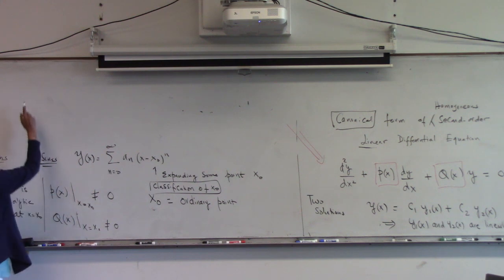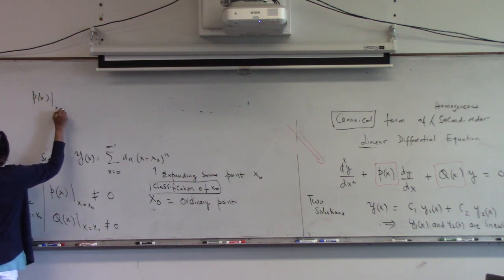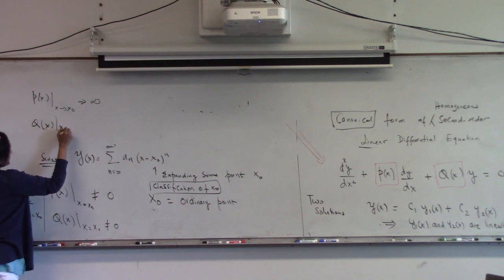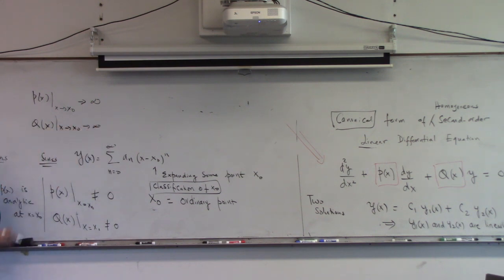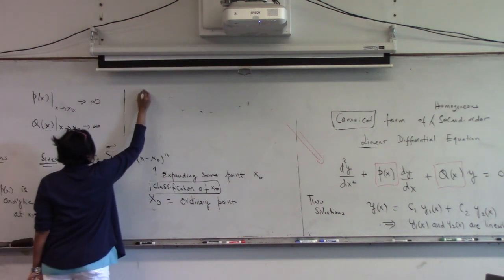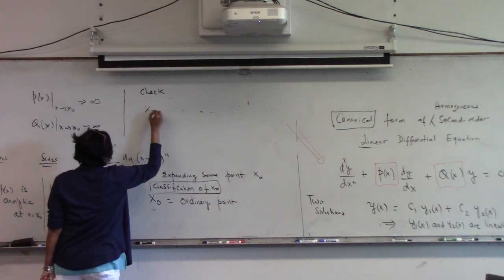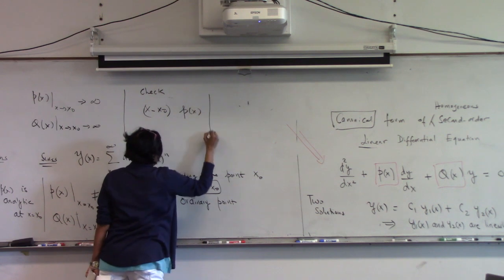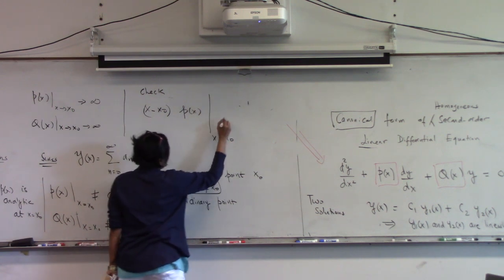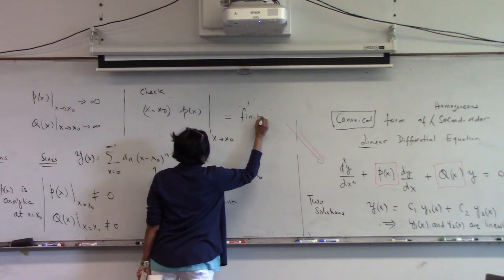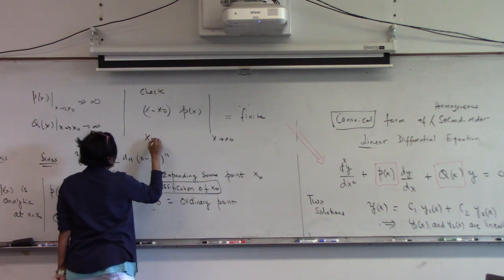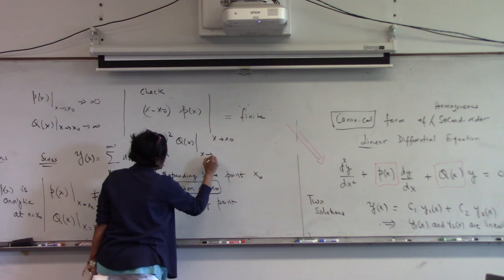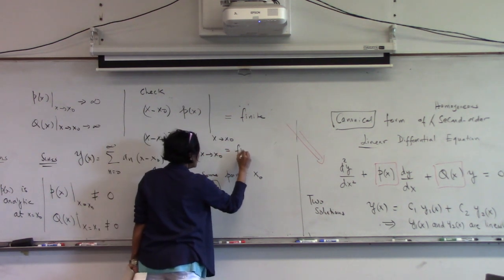But even if it diverges, let us say it becomes infinity, or even one of them diverges, we have to check whether x minus x naught times p of x, when you evaluate it as x tends to x naught, is finite, and x minus x naught squared times q of x as x tends to x naught is finite.